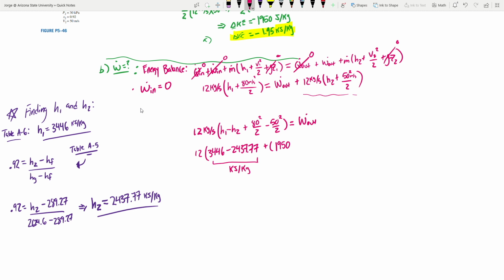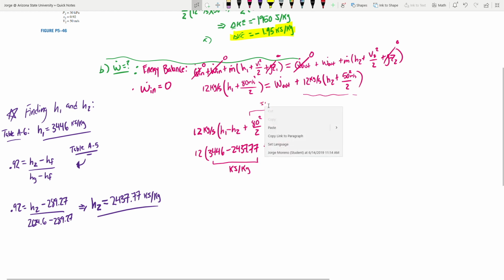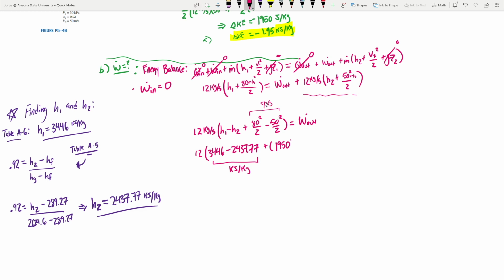Okay, and this term, our velocity term, is usually just in joules per kilogram by default, just the way it is. So we have to get these units the same. So since this right now is in joules per kilogram, we have to multiply this by 10 to the minus 3 to get the whole term in kilojoules per kilogram.